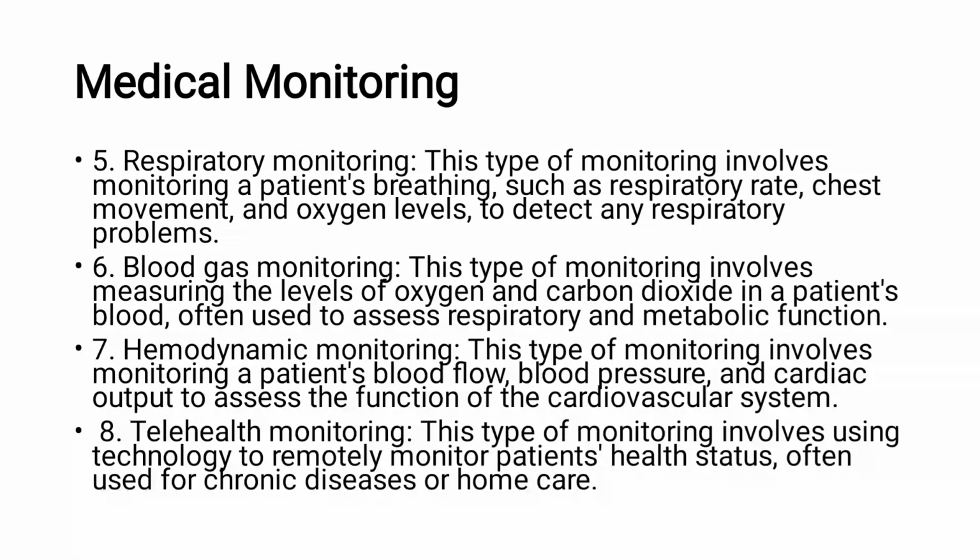Then respiratory monitoring is for monitoring a patient's breathing, respiration rate, chest movement, oxygen level and any respiratory problem. Then blood gas monitoring is for measuring the oxygen and carbon dioxide level in the patient's blood. Then hemodynamic monitoring is for monitoring the patient's blood flow, blood pressure and cardiac output.